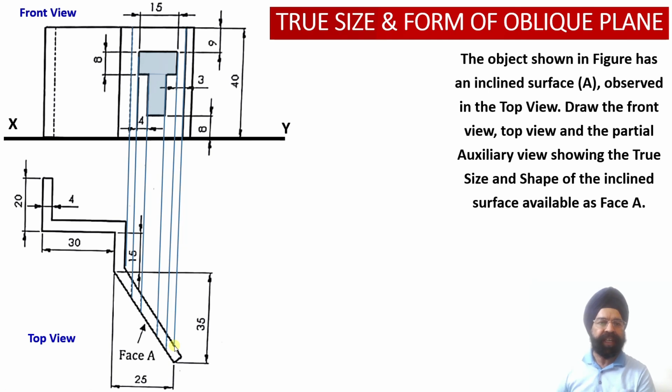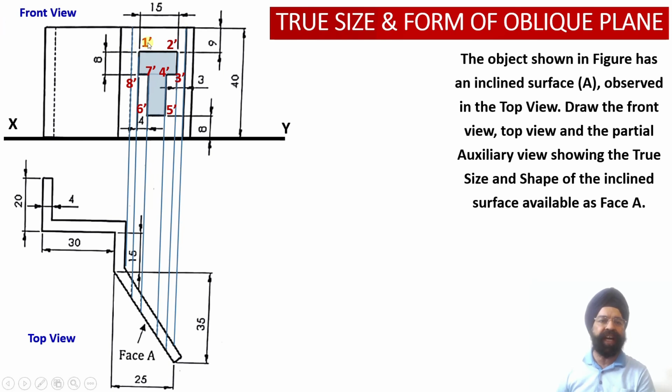Now first, we have to mark different points which are going to define the shape of this apparent shape, that is the T-shaped surface which is appearing in the front view orthographic projection. We can see that 8 points will be required to identify different edges of this surface.